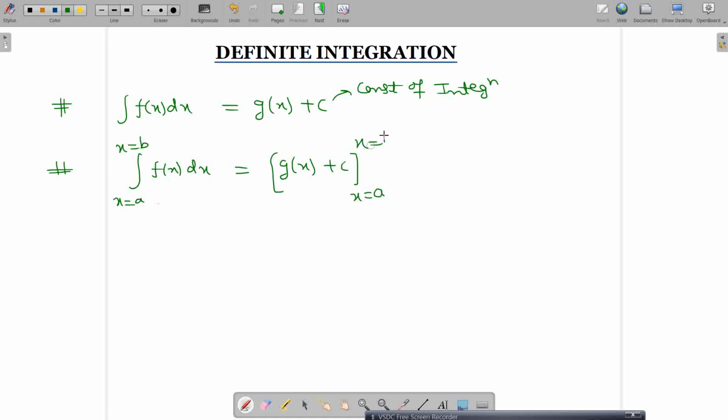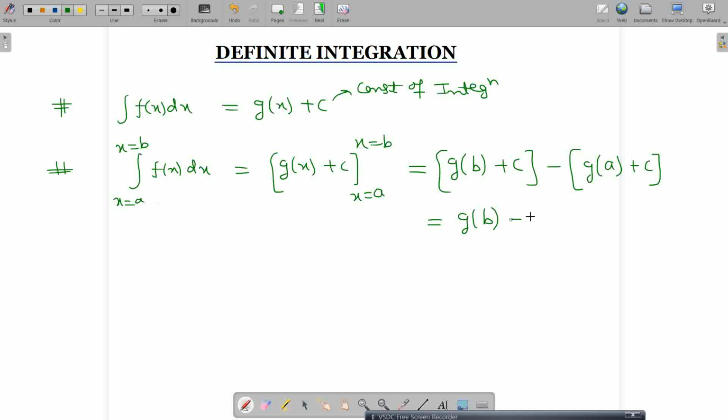The rule is that first you put the upper limit in the function, so g of b plus c, then you put in the lower limit and do the subtraction, which is g of a plus c. So when you solve it, you get g of b minus g of a. In the whole process, you can see that you just get rid of this constant of integration.